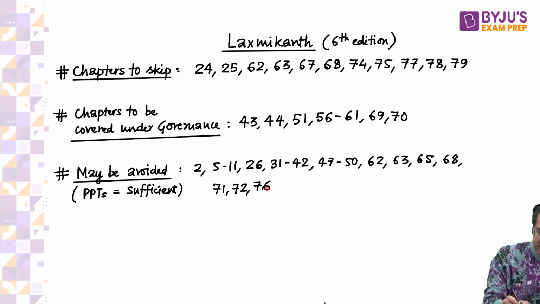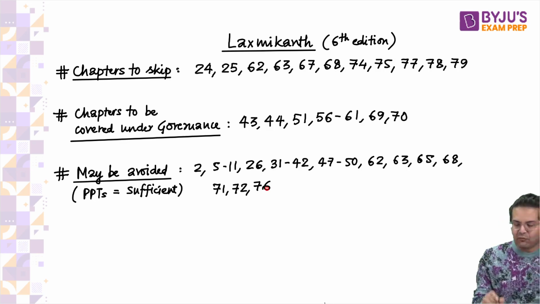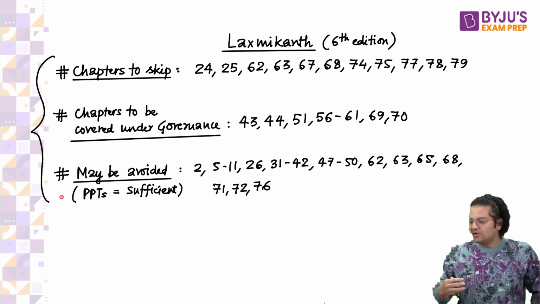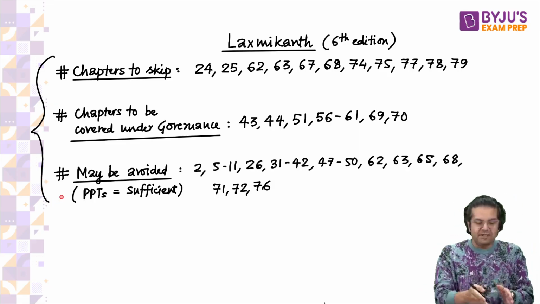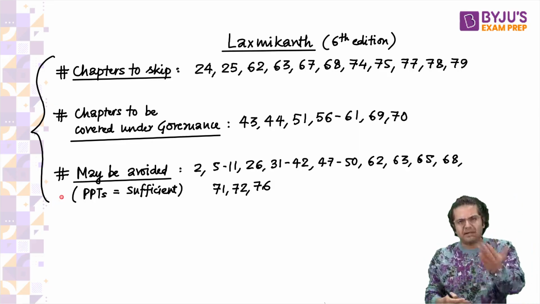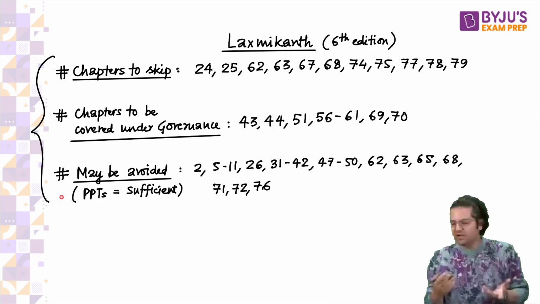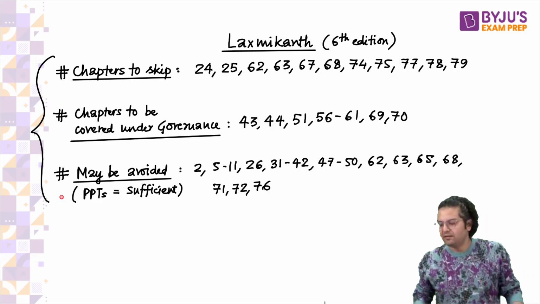Okay. So these chapters can be avoided from Lakshmikant because I feel that the PPTs are sufficient and in fact better, right? But just to sound modest, I am saying better.